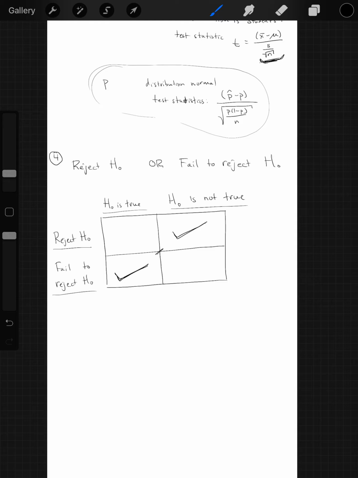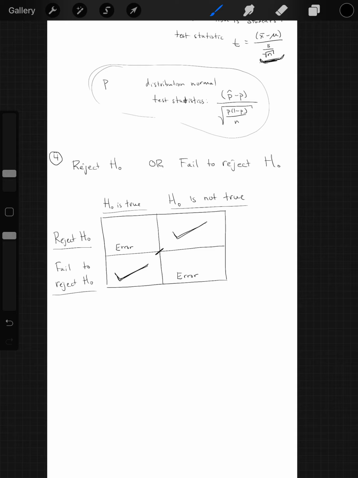So these two boxes represent the two possible situations that we want to happen. We want to have done the correct thing. We want to have correctly identified which hypothesis is correct. So both of these other two possibilities are errors.